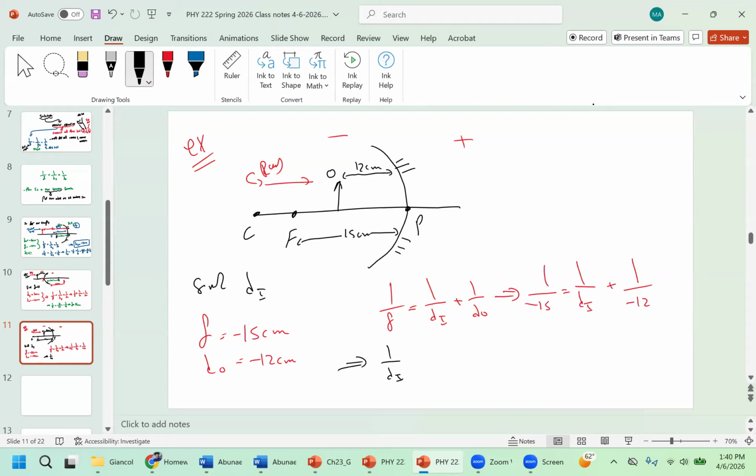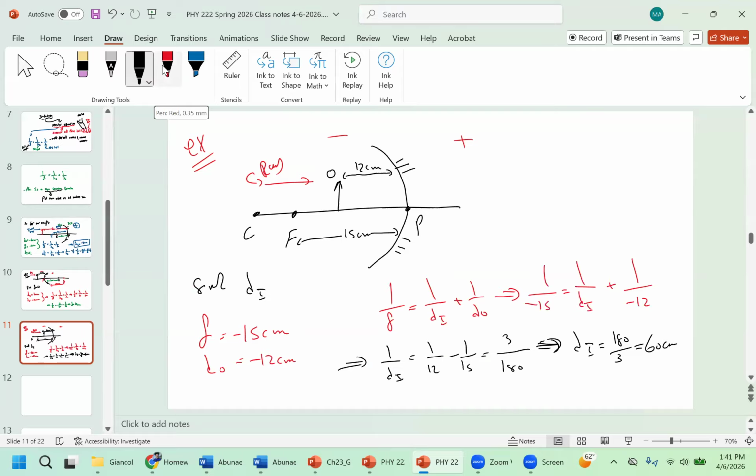That's correct. So 1 over D of I equals 1 over 12 minus 1 over 15, which in this case would be what? 3 over 180. That means D of I equals 180 divided by 3, which equals 60 centimeters.